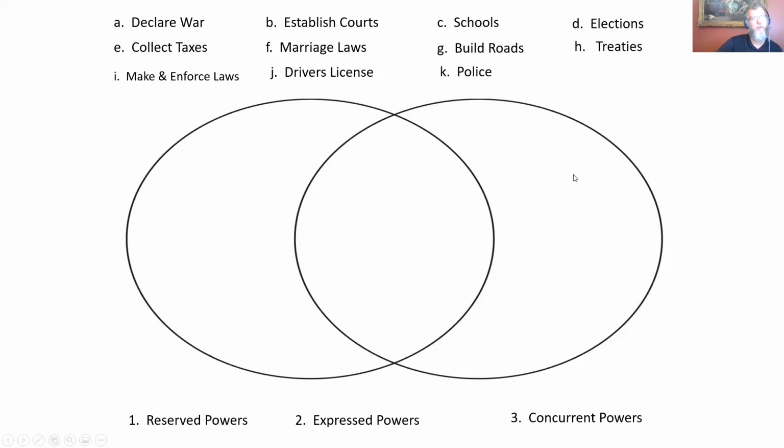Schools, it's supposed to be states. Build roads, that's both, because there are interstates and state roads, so that would be in the both. Police, that's states. Elections, states. Treaties would be in the express powers.